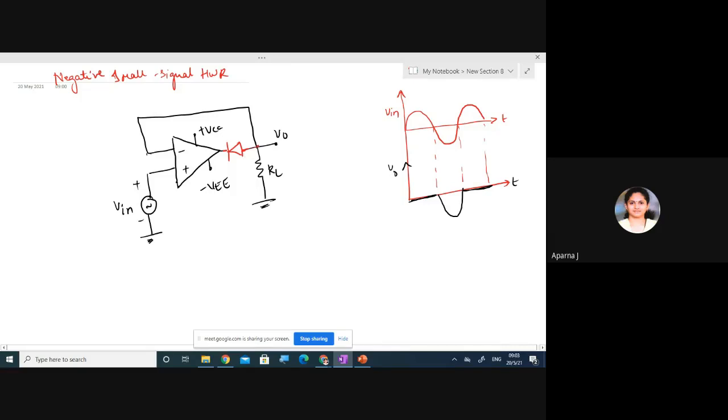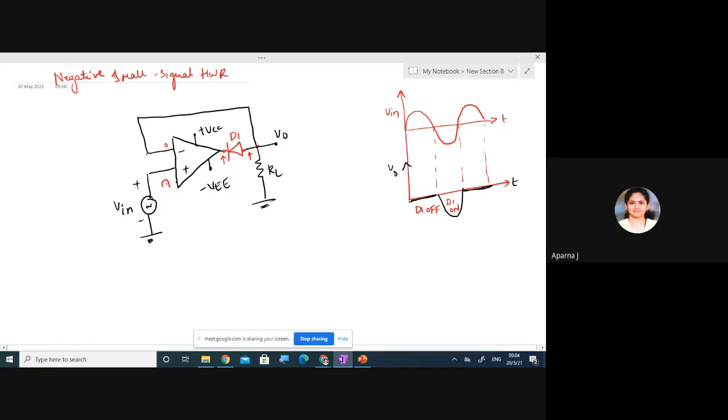So that's the only difference. Now the concept, everything is the same. This diode D1 will conduct during the negative cycle. D1 is on for the negative cycle and D1 is off for the positive cycle. When there is a positive cycle, there is no connection between this point and this point, so the voltage here is almost 0.